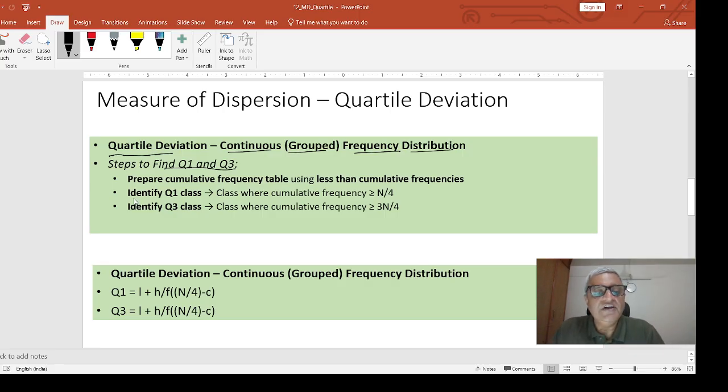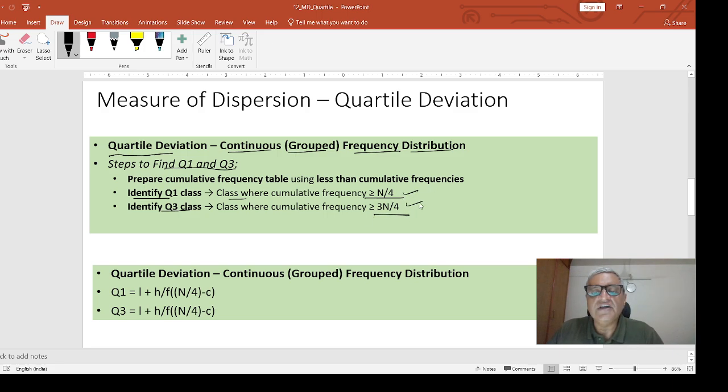We need to identify the Q1 and Q3 classes. How do we identify them? Using cumulative frequency, the class whose cumulative frequency is greater than or equal to n by 4 gives me the Q1 class, and for the Q3 class I find the cumulative frequency which is greater than or equal to 3n by 4.